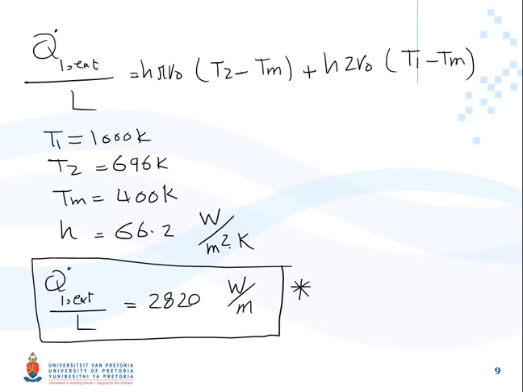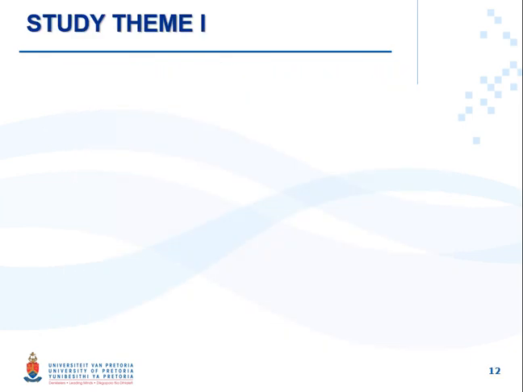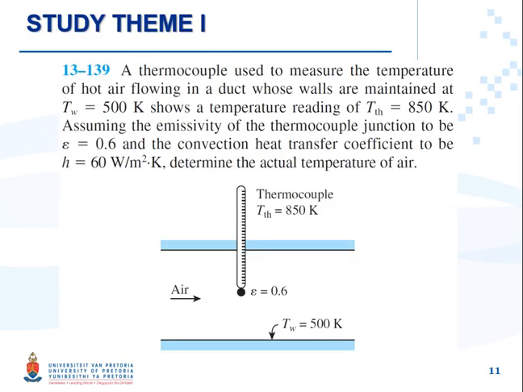The textbook also talks a little bit about the effect of radiation on temperature measurements, because that might affect the measurement as well. But instead of explaining it, I'm just going to solve one example and explain it while I'm solving.